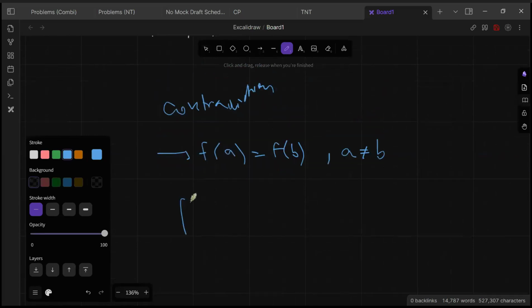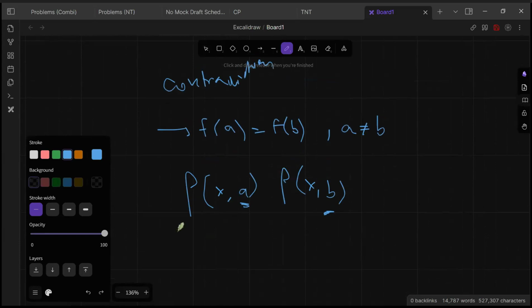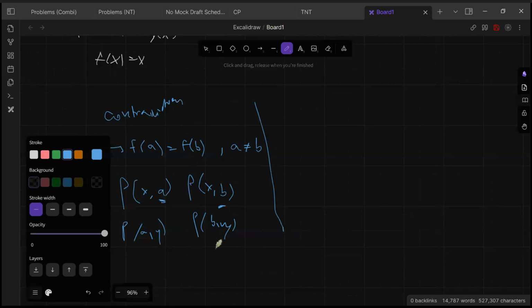Then what you do is you plug in, where p means plugging in or assertion, something like x comma a, and wherever a has gone, you plug in x comma b, right? And you somehow hope to show that a is equal to b. So a contradiction will be achieved and f will be injective. Or you can do f of a comma y, f of b comma y, etc. So that's how injectivity is proven.